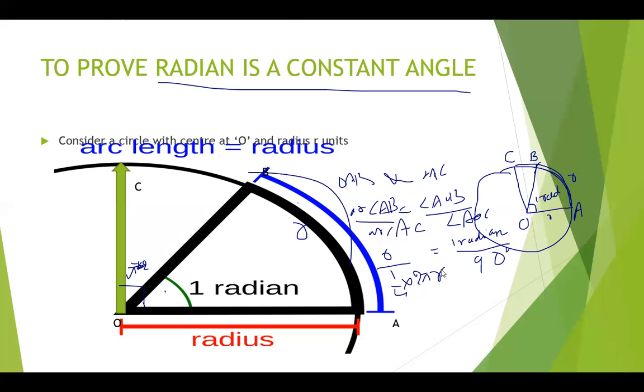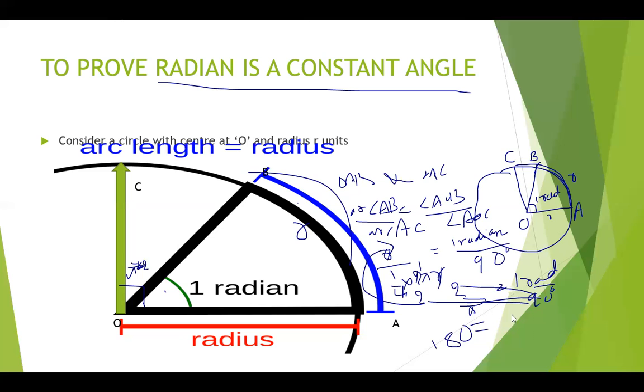Now, these r's get cancelled, 2 ones are 2 twos are. This 2 comes to the numerator. 2 upon pi is equal to 1 radian upon 90 degrees. Cross multiply: 2 into 90 is 180, equal to pi.